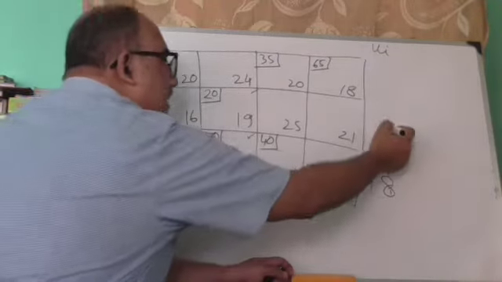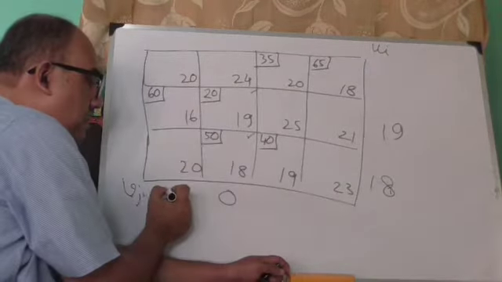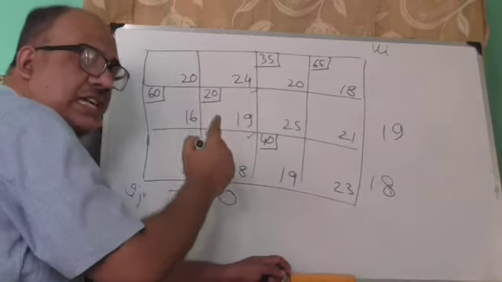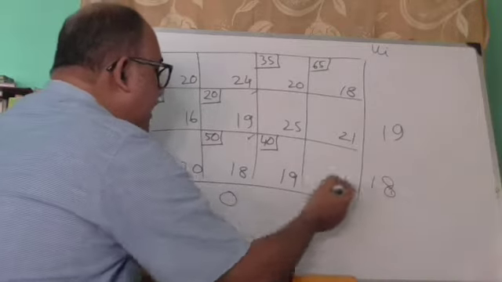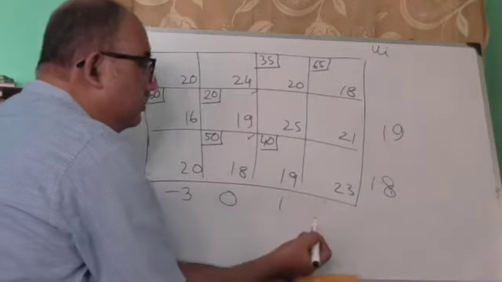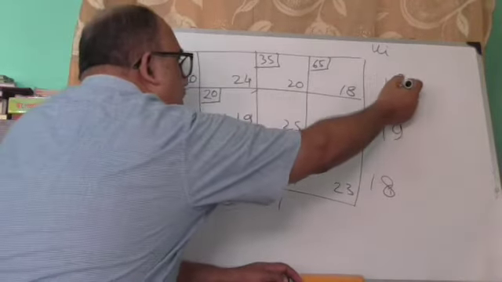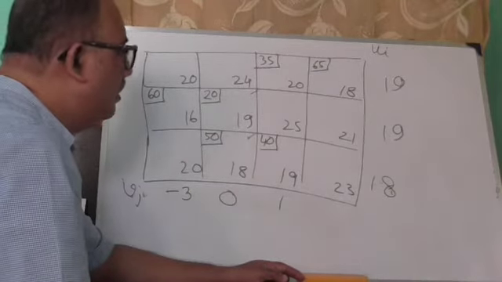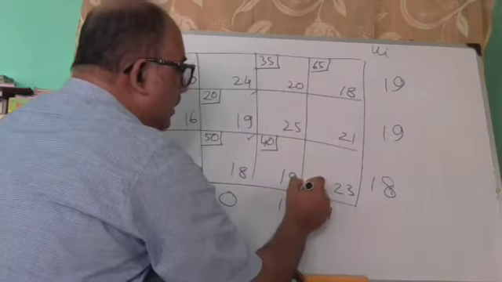This 0, this 9 gives you 19. 19 and 16 gives you minus 3, because this plus this is equal to this. Cij equals Ui plus Vj. So this 18, this 19 gives you 1. This 20 gives you 19. So now, okay, this 19 and this 18 gives you minus 1.